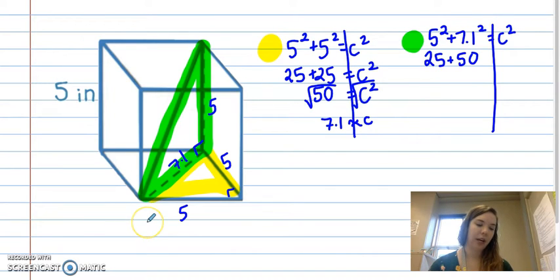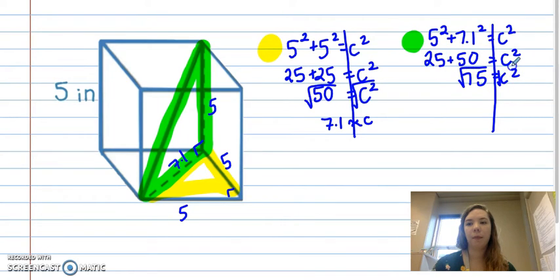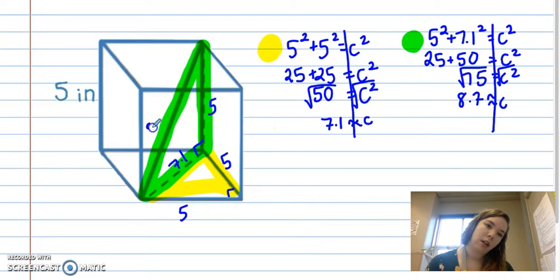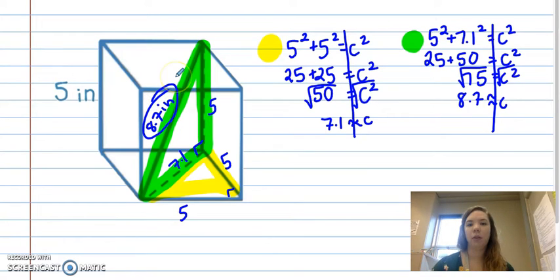Okay, you might have some rounding error in that, so you get 50.41, but it started as 50, so it's 50 here. And then you have 75 equals c squared. And if you square root that, you get 8.7. So the very longest length in this box is 8.7 inches.